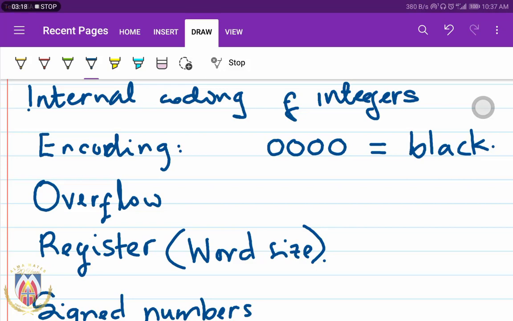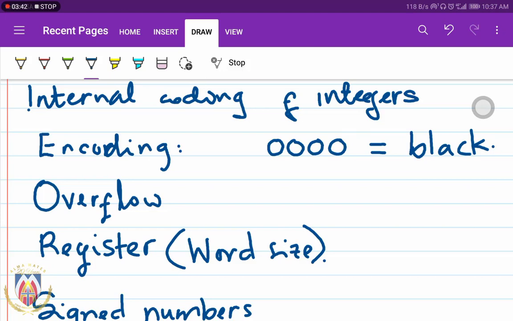If the encoding tells us that this register is holding a number, 0000 will mean 0 in decimal. If it is music, it may be a high-pitched sound, whatever it may be. But encoding gives meaning to a string of binary numbers.